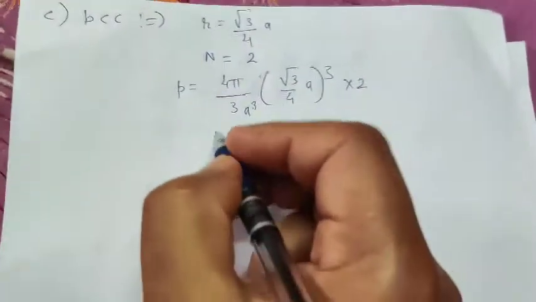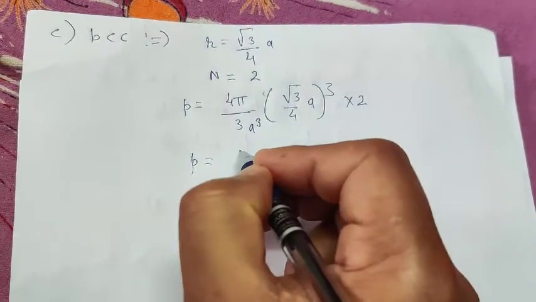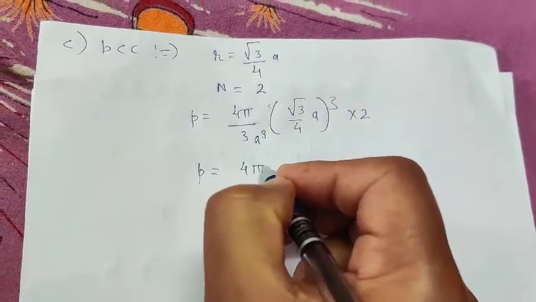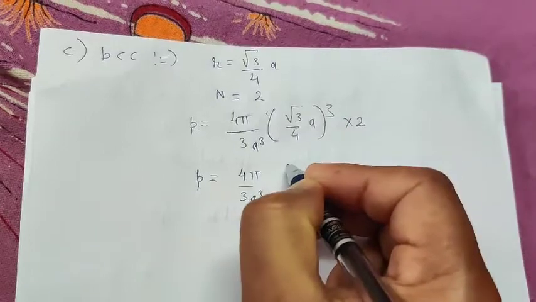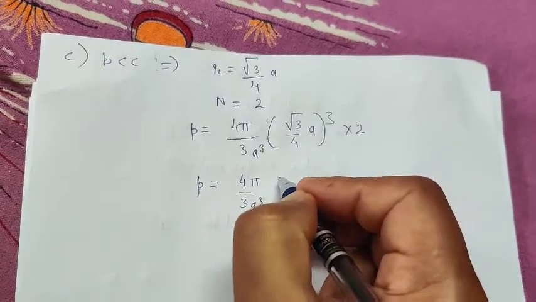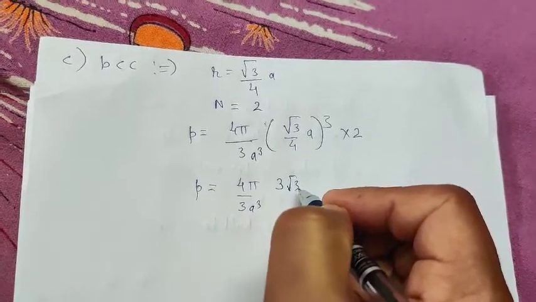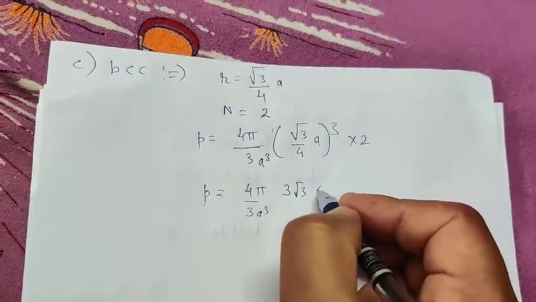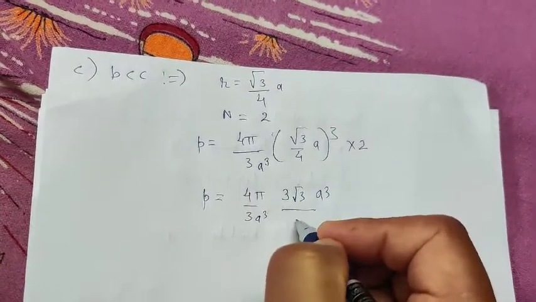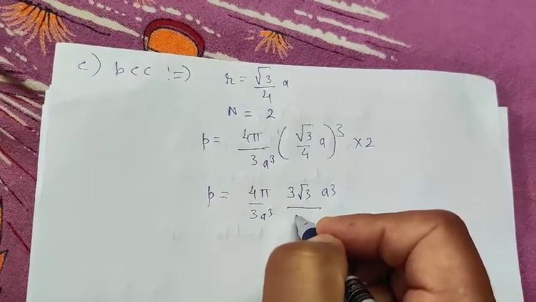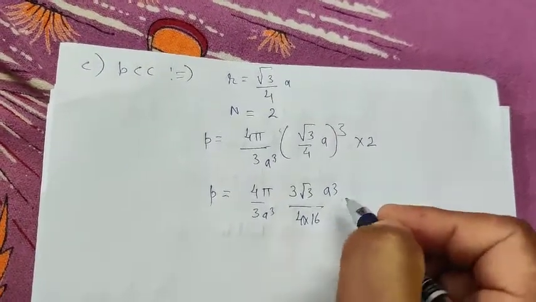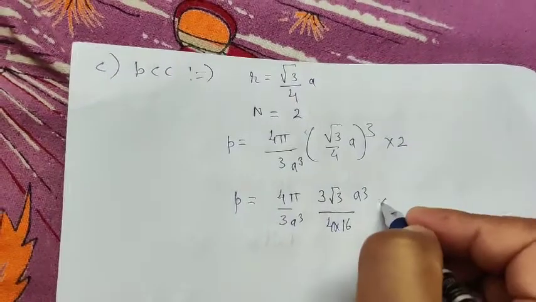under root 3 by 4 cube into effective number of atoms, which is 2. So if you solve this, it will be 4 by 3 pi a cube, this will be 3 into under root 3, this will be a cube into 4 into 16.